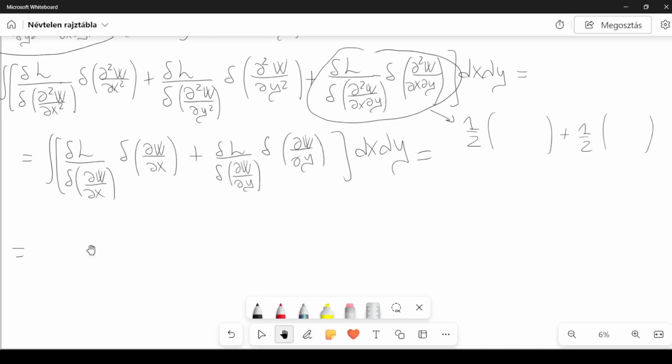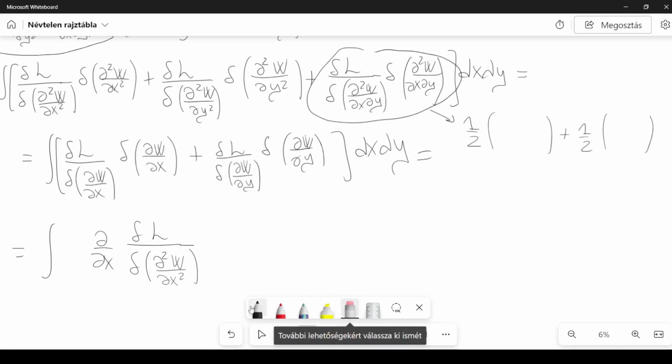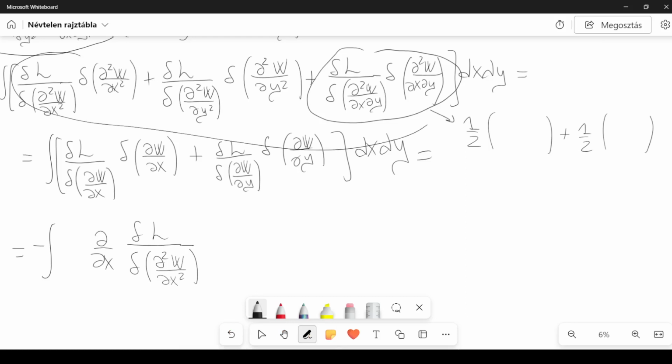And once I do that, for example, the first term here will become minus partial derivative with respect to x of the change in L with respect to ∂²w/∂x². And I can factor out, so I can put this minus outside of the integral, basically because all these terms will change sign.